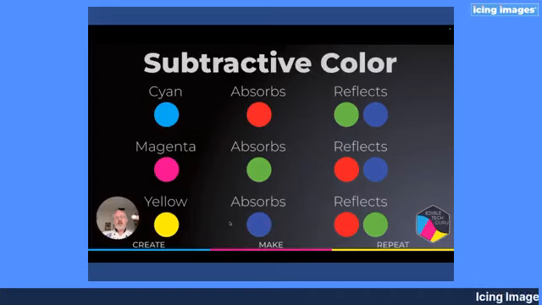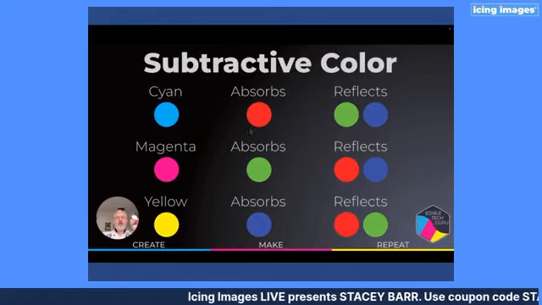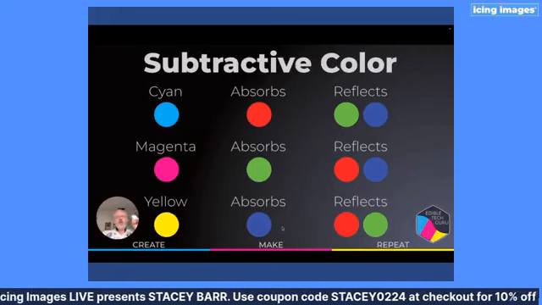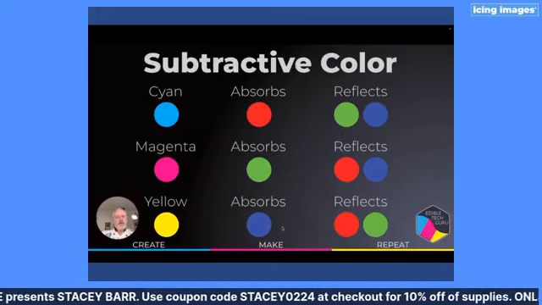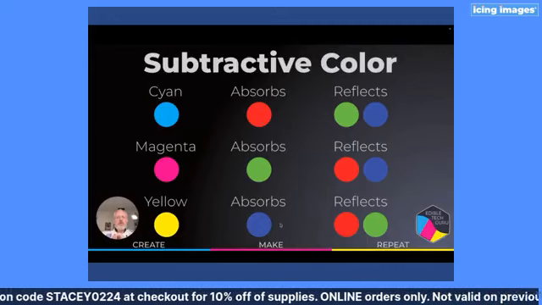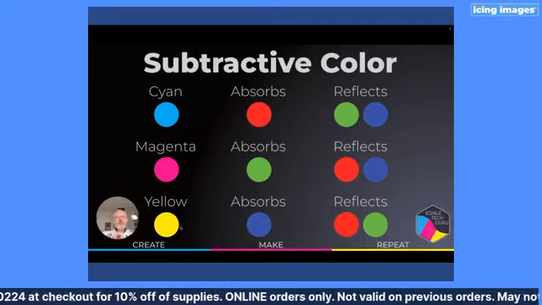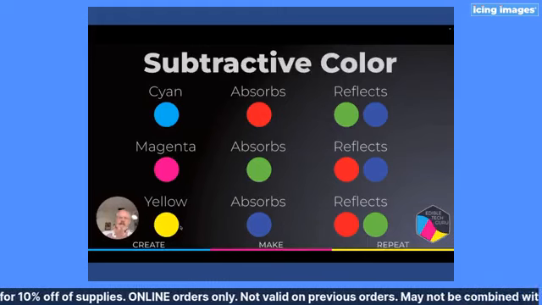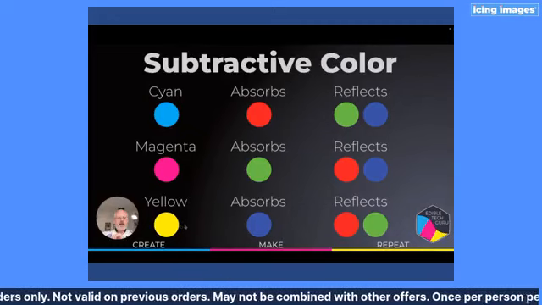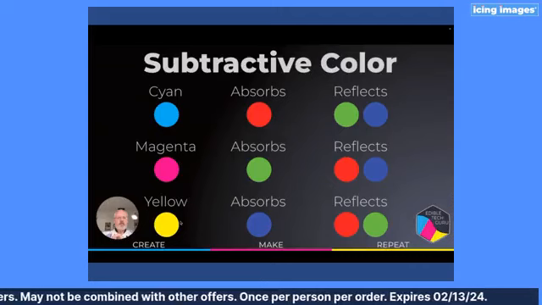The colors that are absorbed by cyan, magenta, and yellow are the primary colors that we grew up with in grade school: red, green, and blue. So this tells you something right away, that when you have a color space where red, green, and blue are your primaries, you could say, this isn't a technical term, that the opposite of that color, or the antithesis of that color, is cyan, magenta, and yellow.